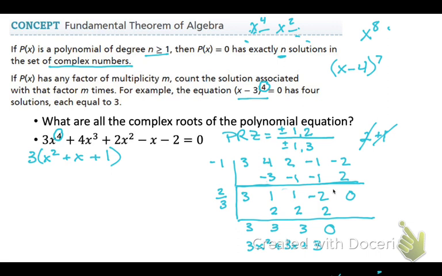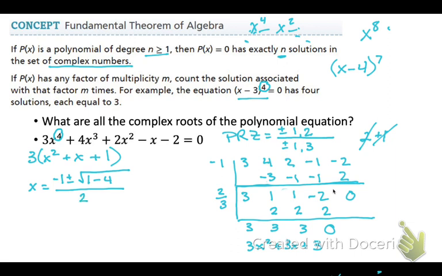So what's the quadratic formula? You fill it in for me. X equals negative b plus or minus the square root of b squared minus 4ac all over 2a. Okay, so negative 1 plus or minus the square root of 1 minus 4 times 1, over 2.